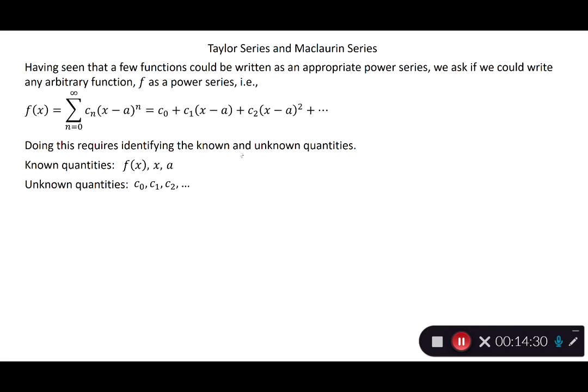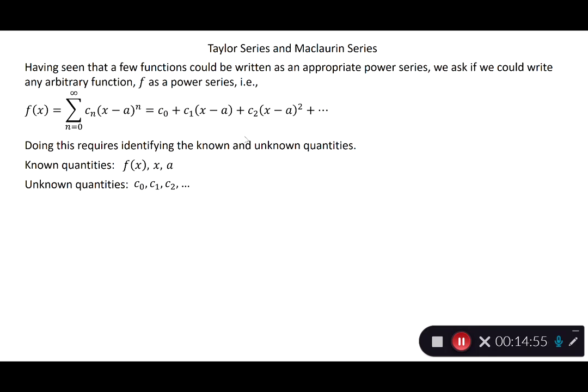The moment you figure out what those constants are, which I submit are dependent on what function you're looking at. What I mean by that is, if your f of x is e to the x, let's say, then c0, c1, c2 take on certain values. But on the other hand, if f of x is equal to sine x, those c0, c1, c2 will be different.